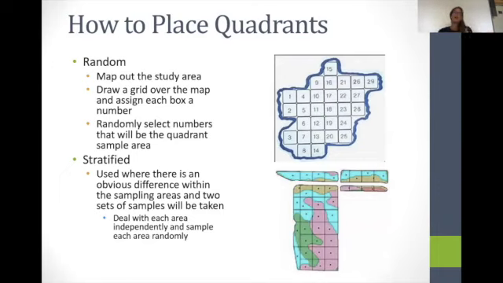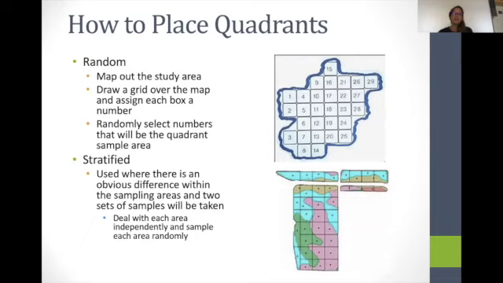And then consciously or unconsciously, you place your quadrats where you're going to find a ton of roly-polies. And then it supports your hypothesis. There is sometimes even an unconscious bias for doing that. So this random method of mapping it out and placing numbers and then randomly pulling numbers out of a hat is going to get rid of that unconscious bias.